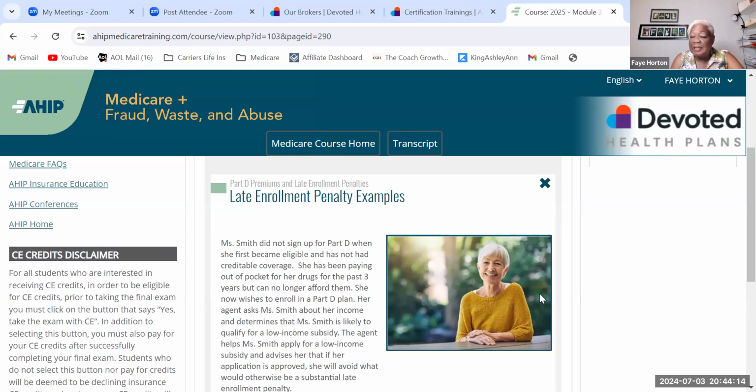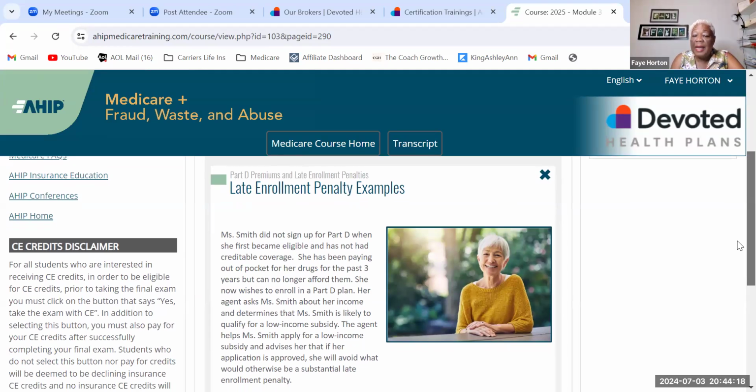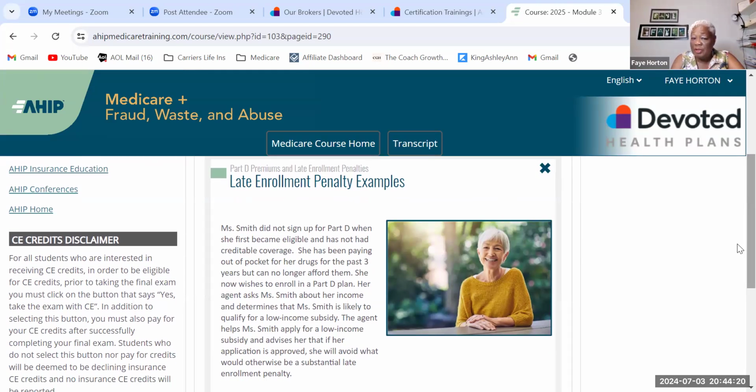Ms. Smith did not sign up for Part D when she first became eligible and has not had credible coverage. She's been paying out of pocket for her drugs for the past 3 years, but can no longer afford them. She now wishes to enroll in a Part D plan. Her agent asks Ms. Smith about her income and determines that Ms. Smith is likely to qualify for low-income subsidy.